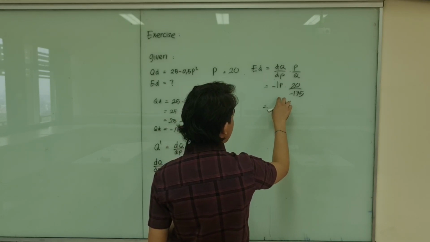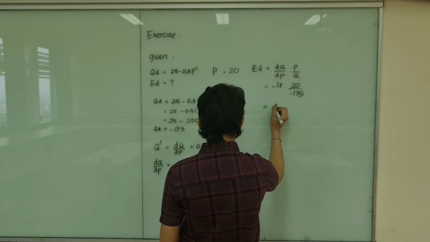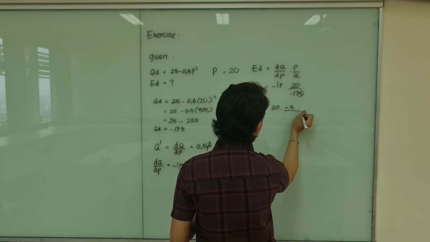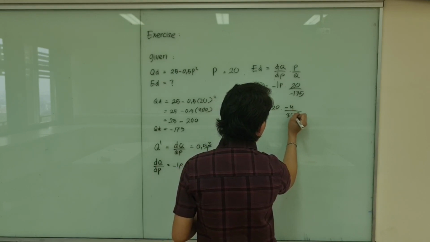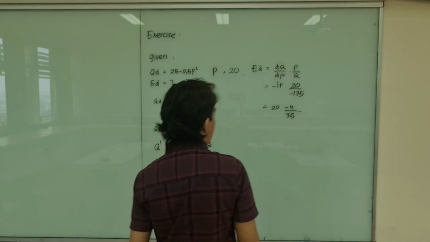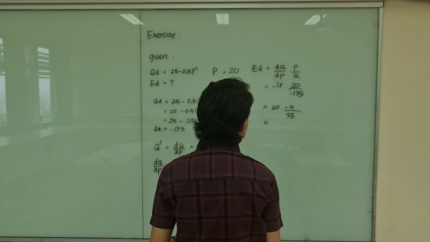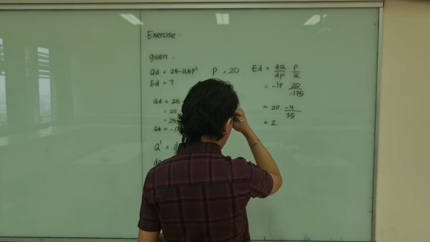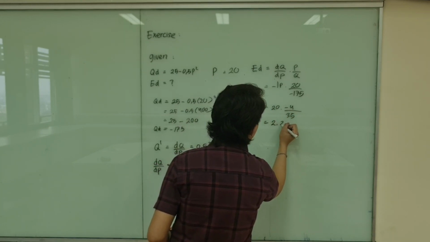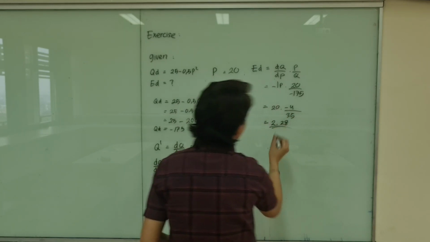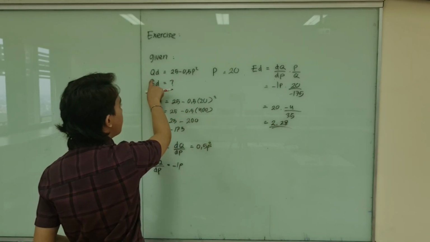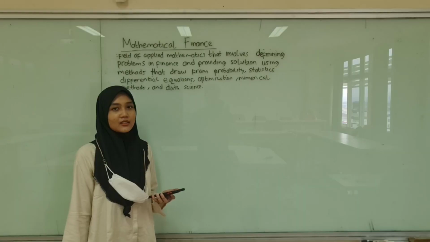That is minus 20 over minus 175, and then the result is 2.28. And this is the elasticity of demand from quantity demanded and price.